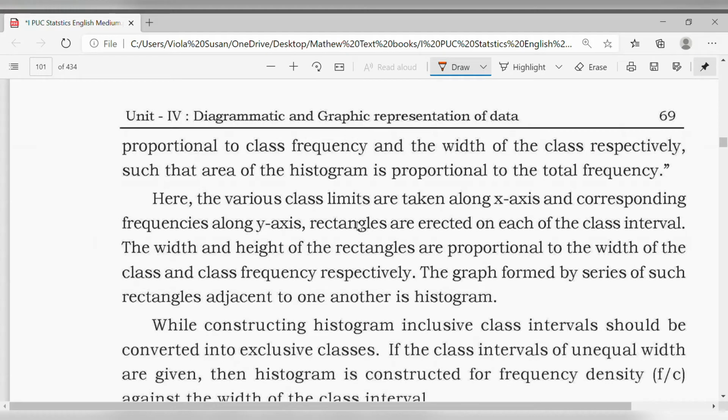Height is equal to the class frequency and the width of that bar will be equal to the width of the class. So this is what respectively means.